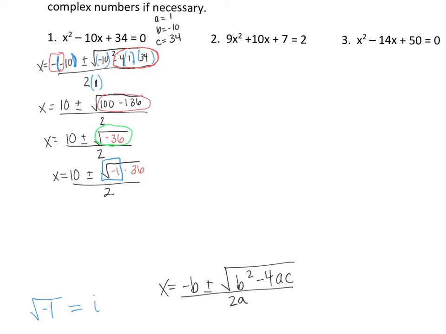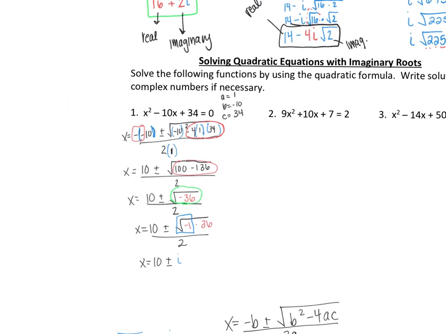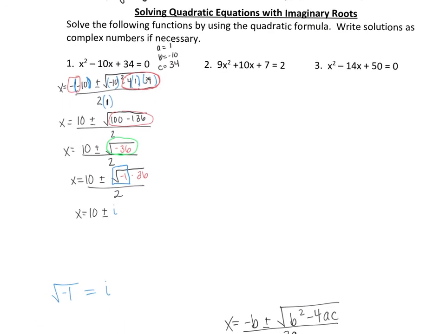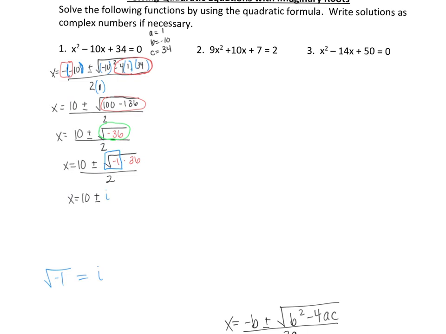Okay? So now what I can do is pull this i out. So I have x equals 10 plus or minus i times the square root of 36 all over 2.